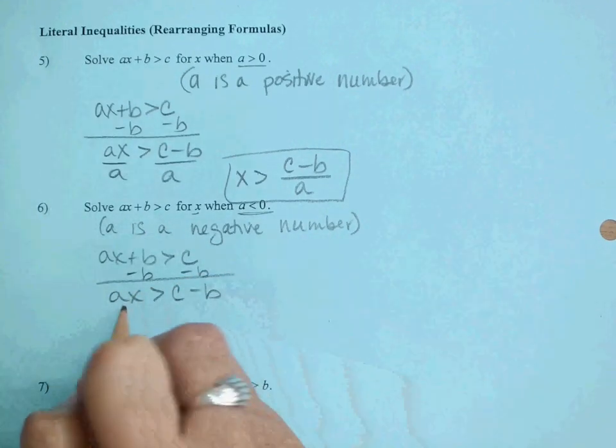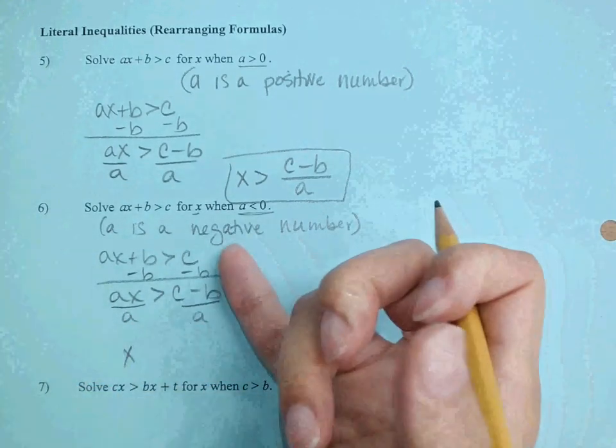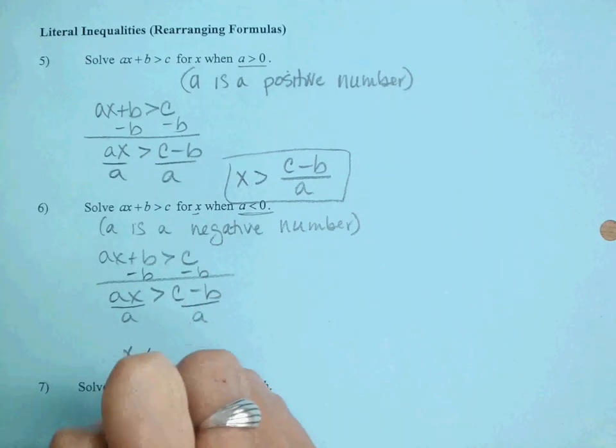And then here, my final step, I'm going to divide by A. Now, this is the key thing. We marked that A is a negative number, so I need to make sure I flip that sign.